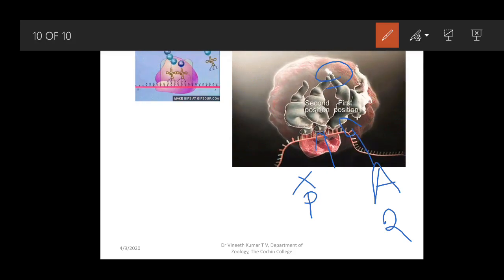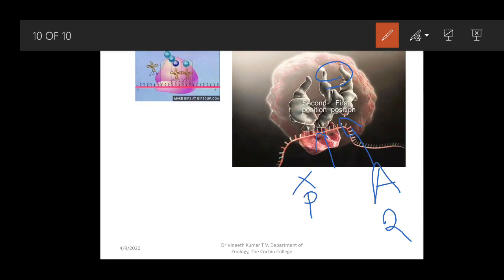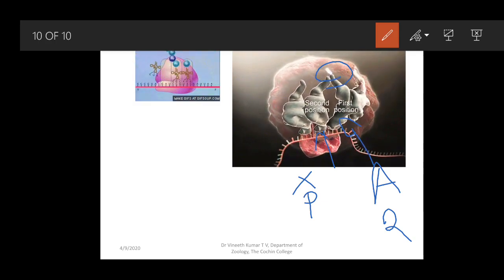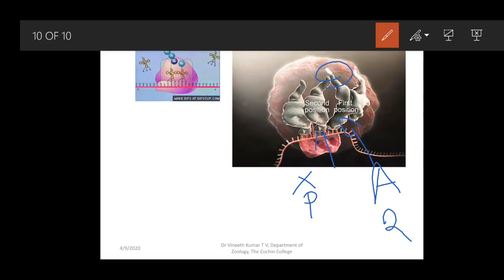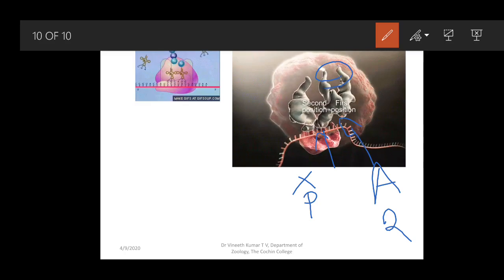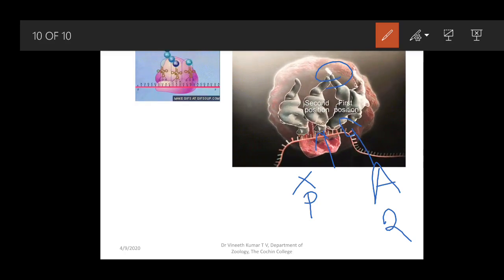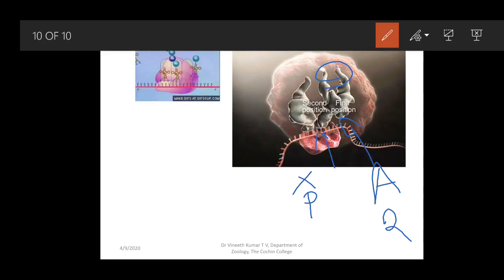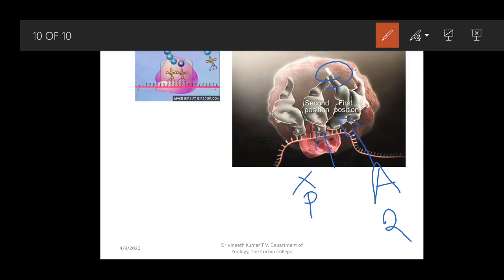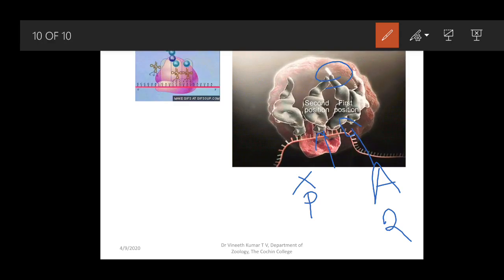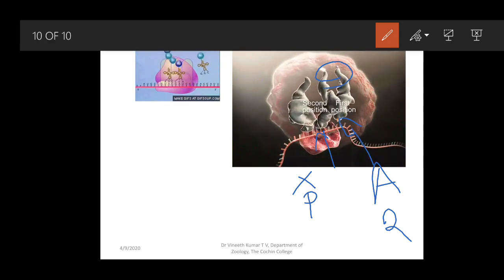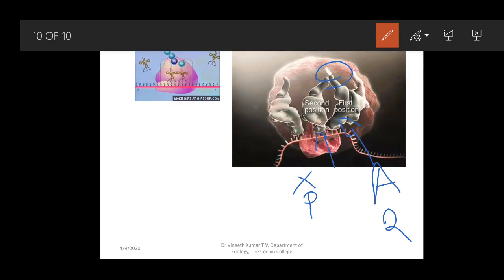This transfer is also catalyzed by the same enzyme, which is called peptide transferase. This is the main event that occurs during the elongation process, which is called peptide bond formation. Now the tRNA which is at the P site is devoid of any amino acid.